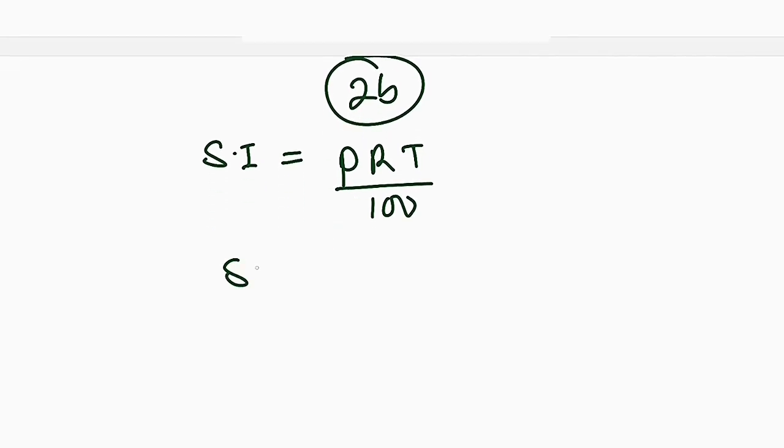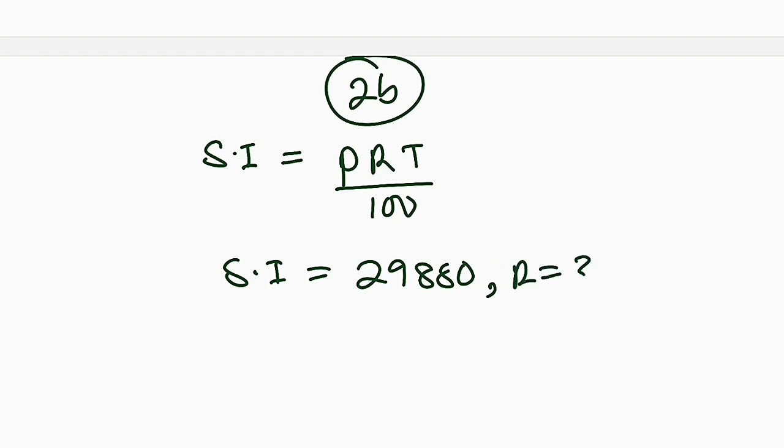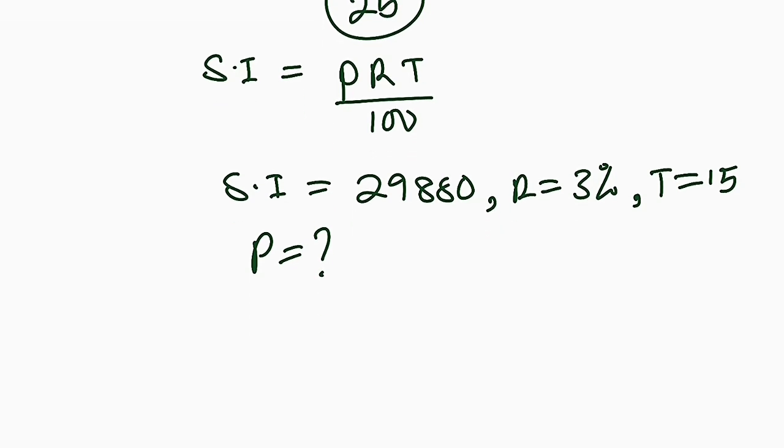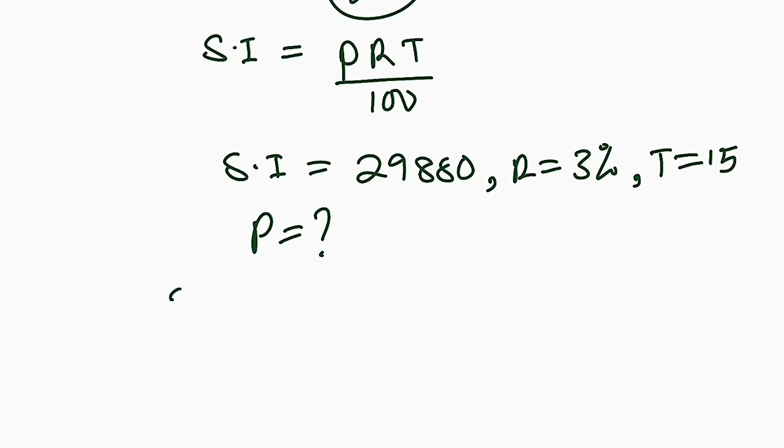But the simple interest is given from the question as what? 29,880. The rate is also given as 3%. The time is given as 15 years. And what are we looking for? We are looking for the principal.